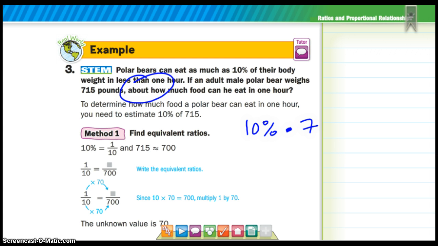Times, and I'm going to round that to 700. How many zeros can I cross out? 2. Excellent. 1, 2. Then that's 1 times 70. That is 70. Sorry, 1 times 70 is 70. So, he's going to eat 70.